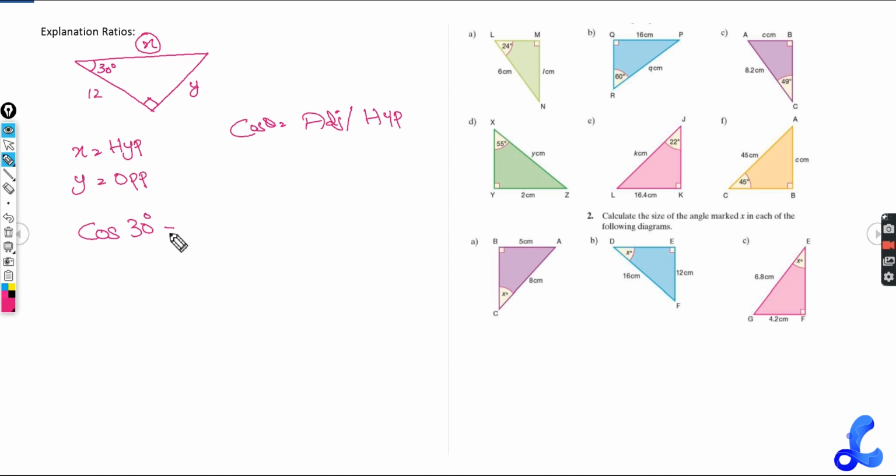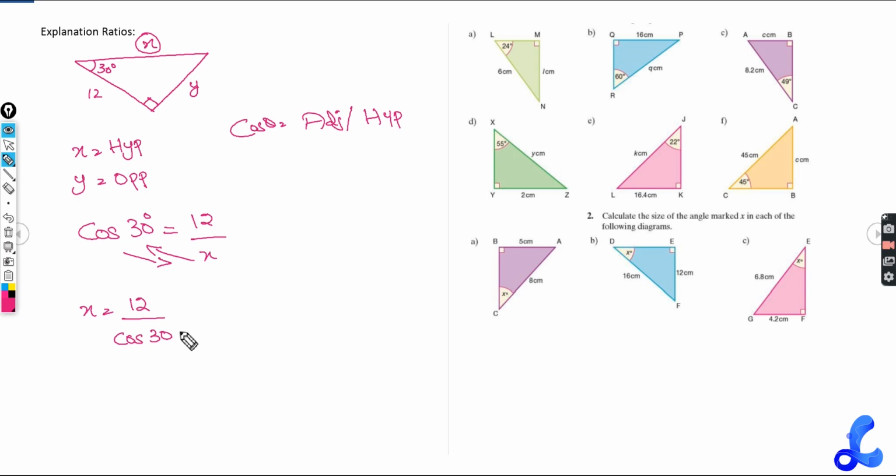So cos 30 equals adjacent, 12, over hypotenuse, x. You do not know x over here. So what you'll do is you'll put this x, which is unknown and which you need to find out, to the other side, and cos 30 to the other side, so it will go down. So now this will be structured as x equals 12 over cos 30.